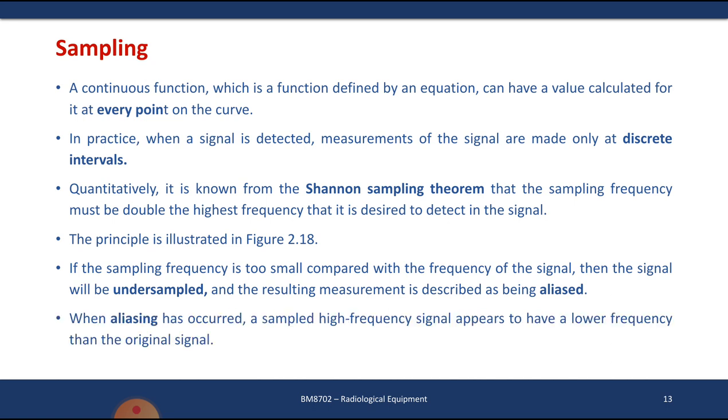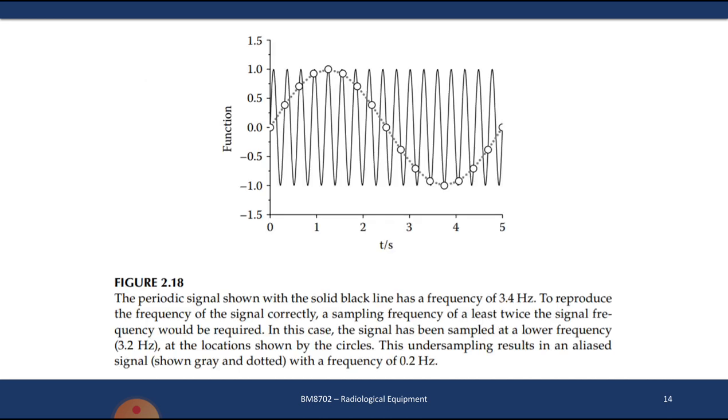So when you don't follow the sampling theorem, the signal will be undersampled, and you will lose most of the information content. This figure is a classic example of aliasing. The original sinusoidal wave is the continuous line, and the dotted line shows the aliasing effect, that is, what you get when you sample the sinusoidal waveform at a frequency less than twice the maximum frequency.